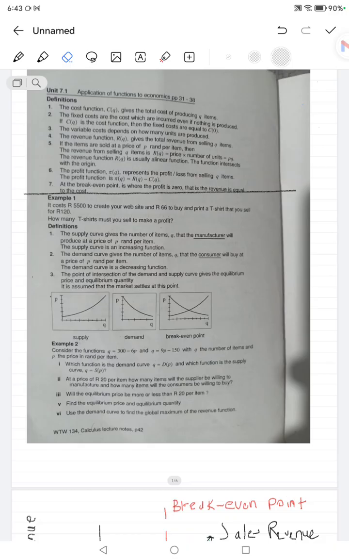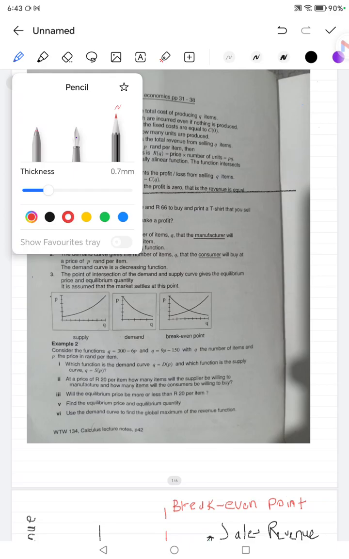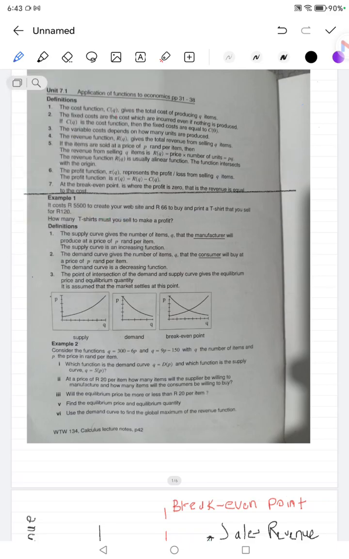They're saying it costs 5,500 to create your website and 66 to buy and print a t-shirt that you sell for 120. So you go and check, first of all, what's my 5,500? They're saying 5,500 is the cost to create your website. So it definitely means you're going to incur it even if nothing is produced.